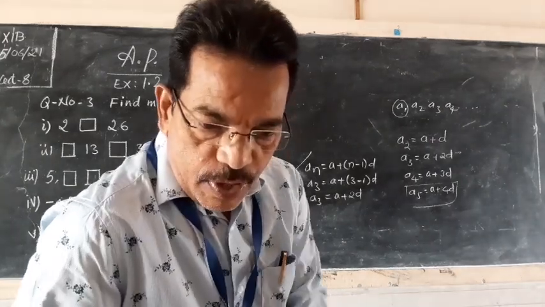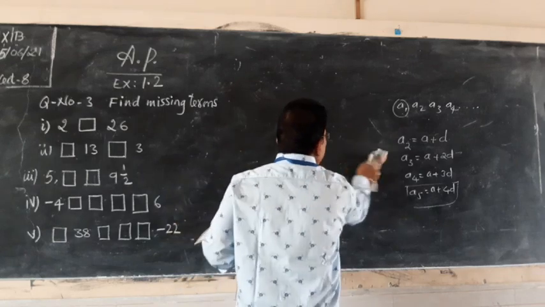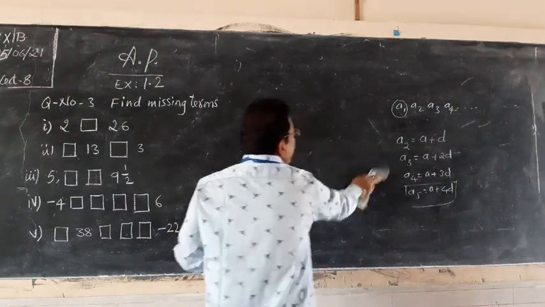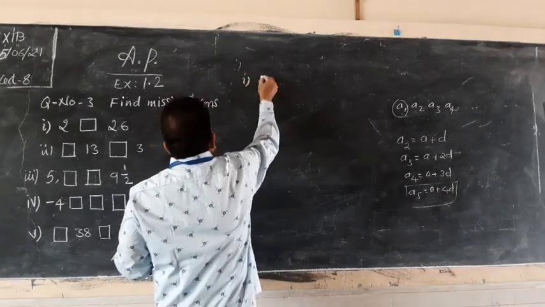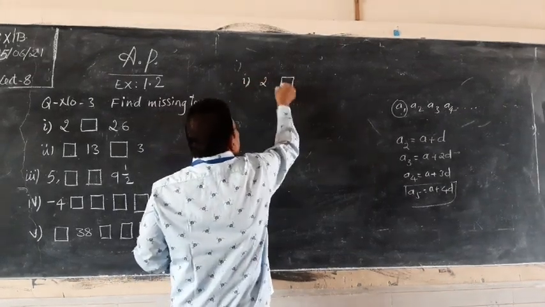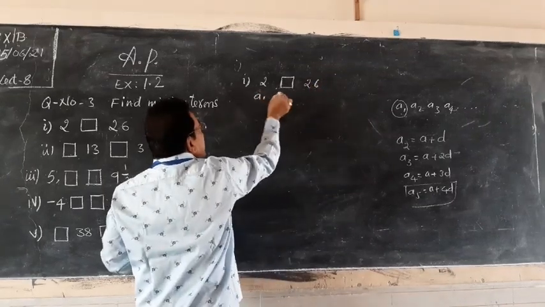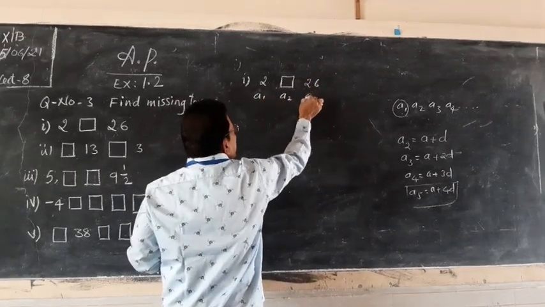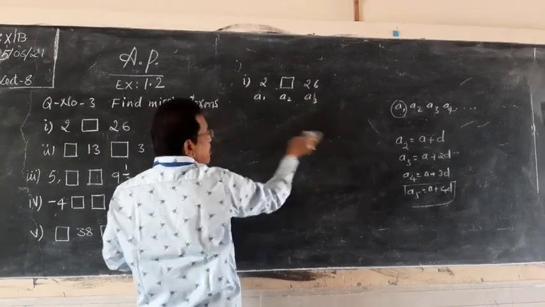The first question. That is first one 2, then 26. You know, this one is A1 first term, this one is A2, this one is A3. Okay, let us apply the meaning.